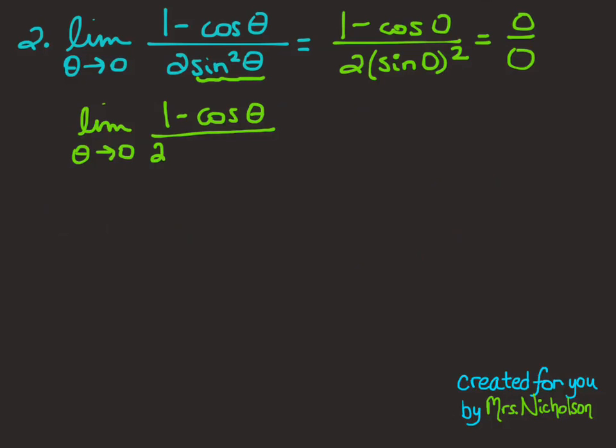So I'm going to make this 2 times, and instead of sine squared, I'm going to put 1 minus cosine squared. Now if I plugged in 0 now, I would still get 0 on the top and 0 on the bottom. And so I haven't really done enough manipulation yet to get a limit. We need to do some factoring.